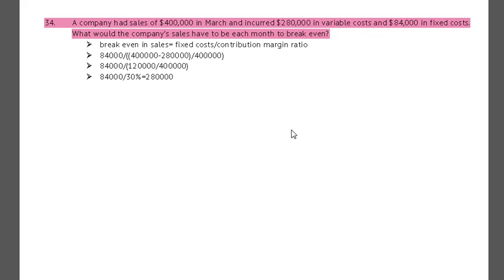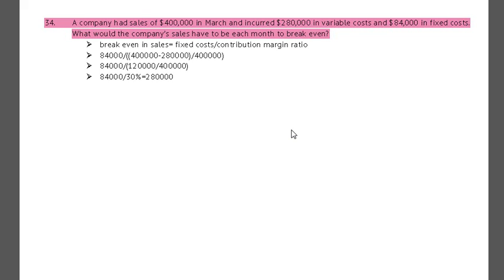So when we look at our contribution margin from the previous problem, remember that is your sales minus your variable costs. So we have $400,000 in sales, and our variable costs are $280,000. That gives us $120,000 for our contribution margin. Now we need to actually calculate what our contribution margin ratio is.